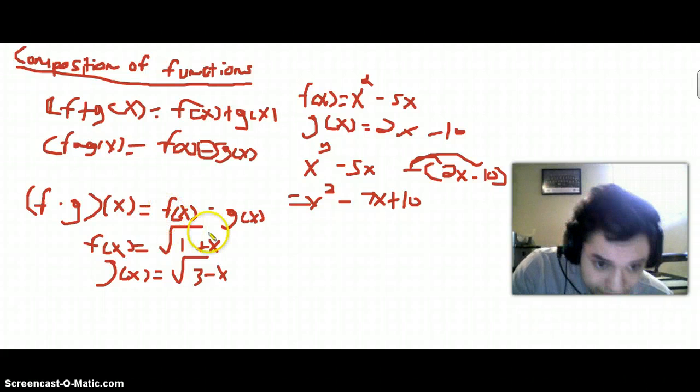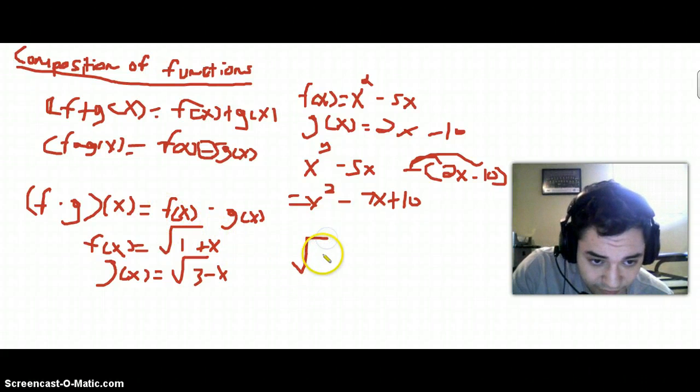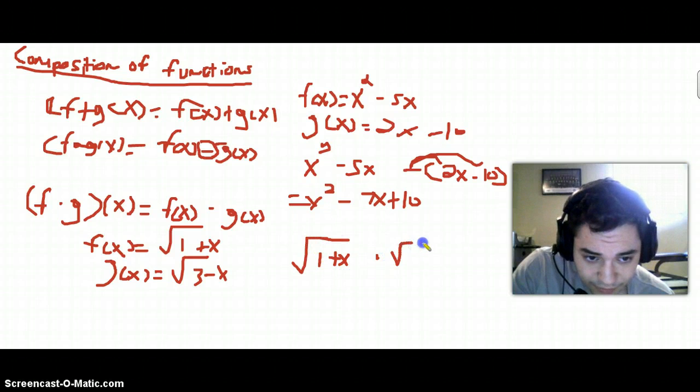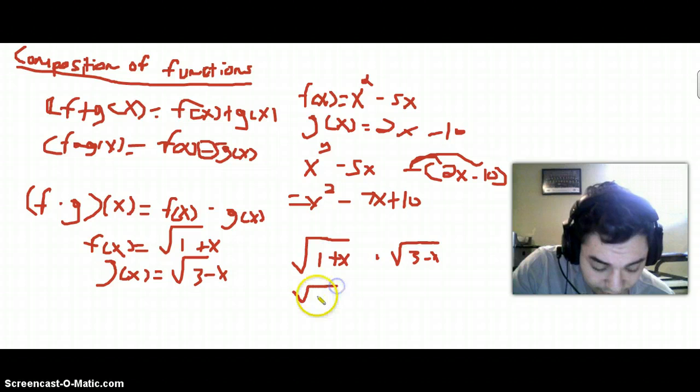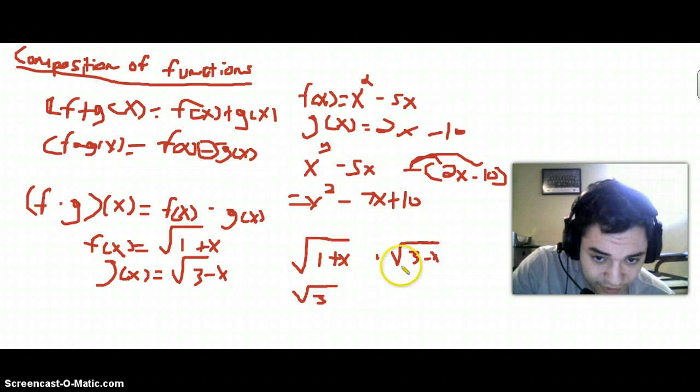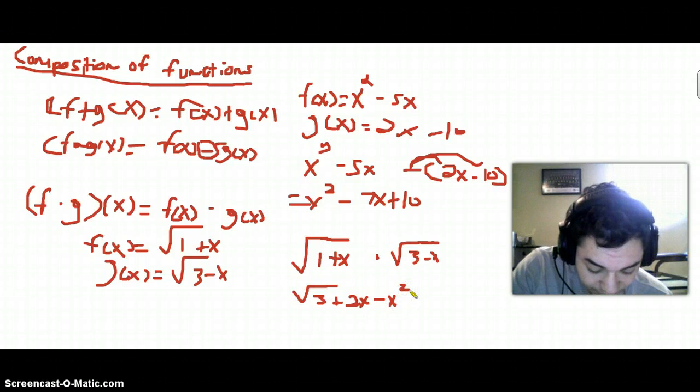So we're just going to multiply square root of 1 plus x times square root of 3 minus x, and this will pan out to, using the property of radicals, square root of 3 plus 2x minus x squared.